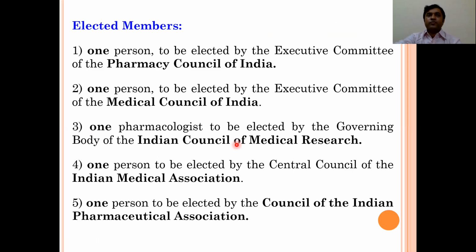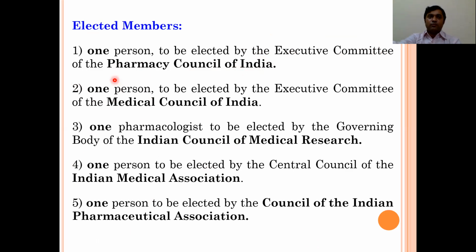Then coming to elected members. There will be 5. One person is elected from the Executive Committee of PCI. PCI has an Executive Committee and a Central Committee. So one person from the Executive Committee is elected as an elected member for DTAB.